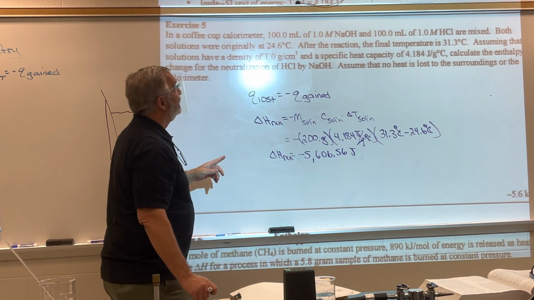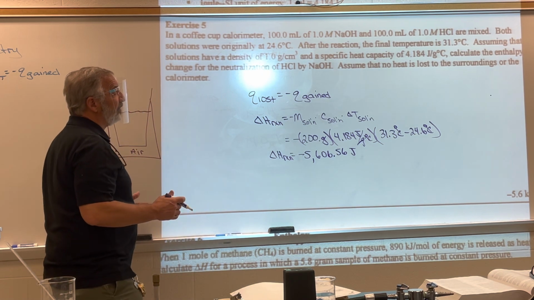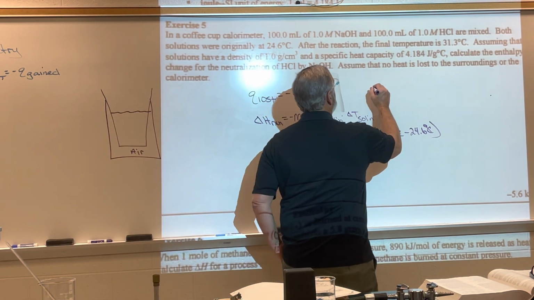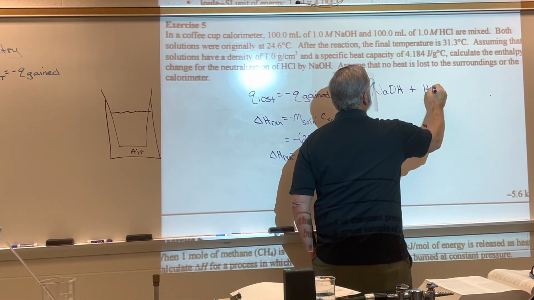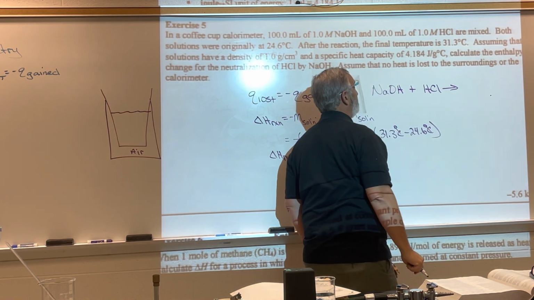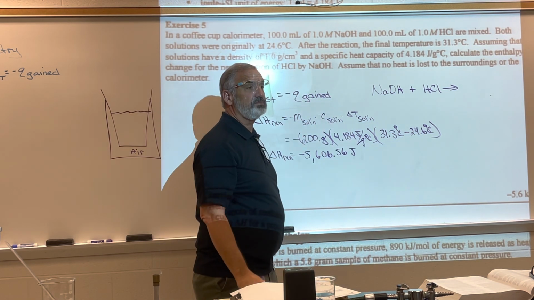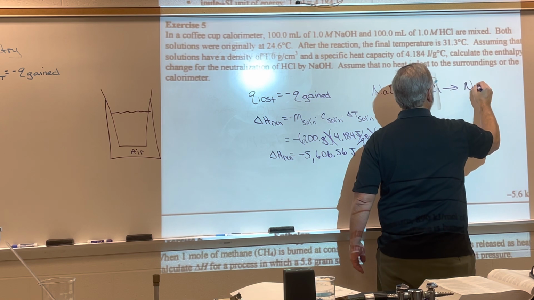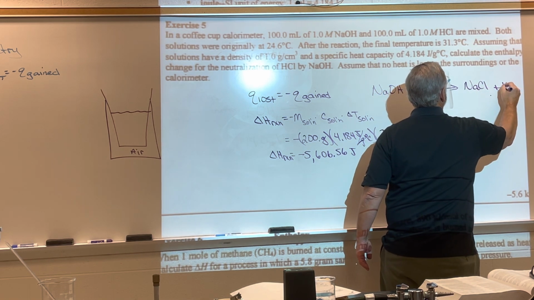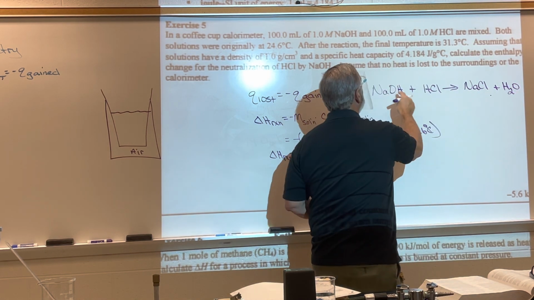Okay? Now, we really should write a chemical equation for this, but they just asked for the overall heat on this particular question. It's HCl. What's that going to make? NaCl and water. So it's 1 to 1.